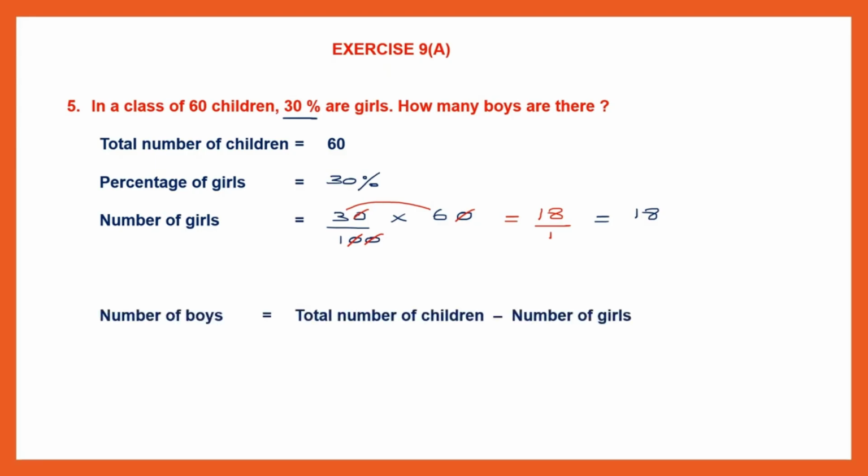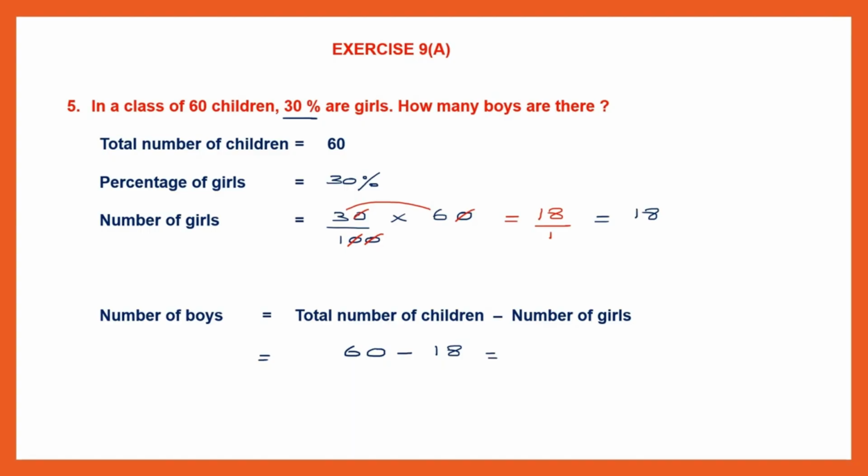So now we have to find the number of boys. How do we find the number of boys? Take the total number of children and subtract the number of girls from it. So you'll find the number of boys. And the total number of children is 60 and the number of girls is 18. So we have to subtract those two. So let's do that. Total number of children is 60 minus number of girls is 18.